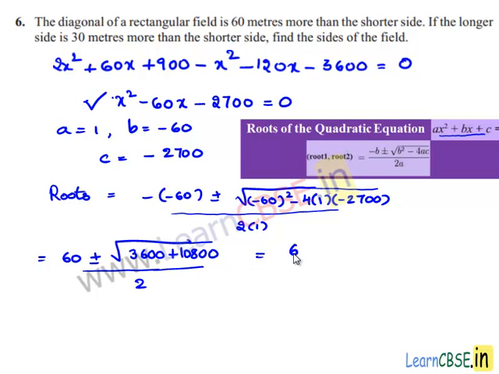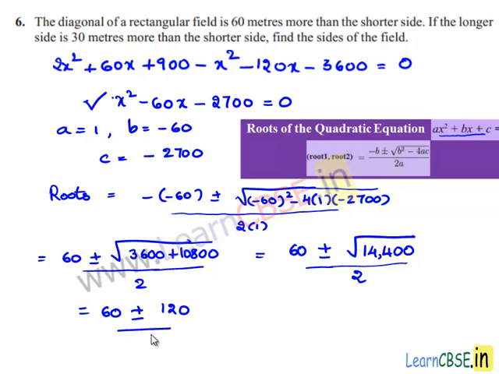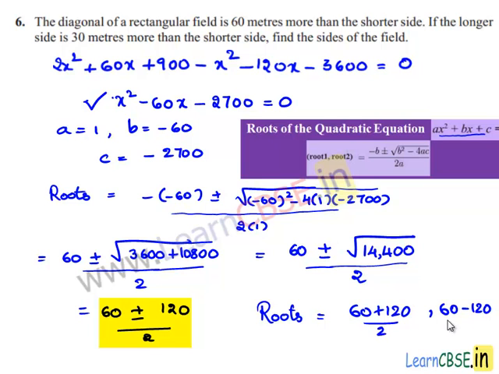This is equal to 60 plus or minus square root of 14400 divided by 2. This is equal to 60 plus or minus 120 divided by 2. Therefore roots can be 60 plus 120 divided by 2 or 60 minus 120 divided by 2.